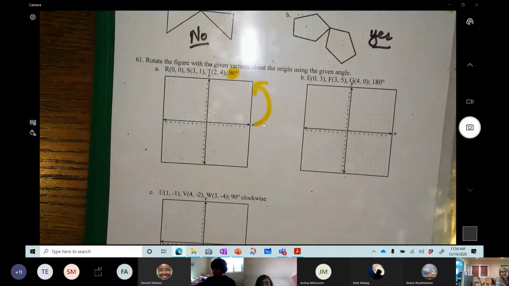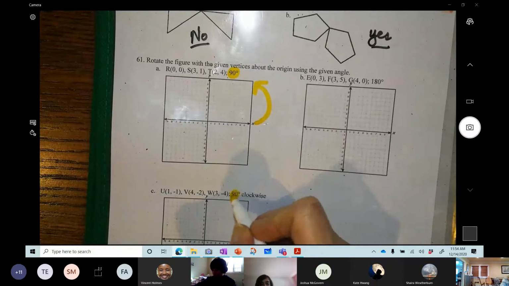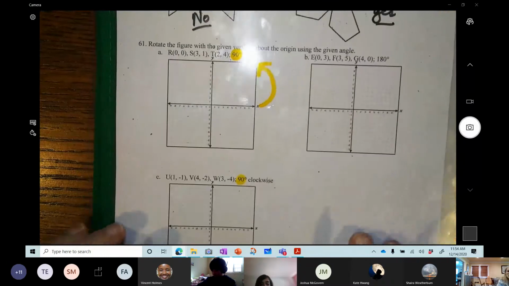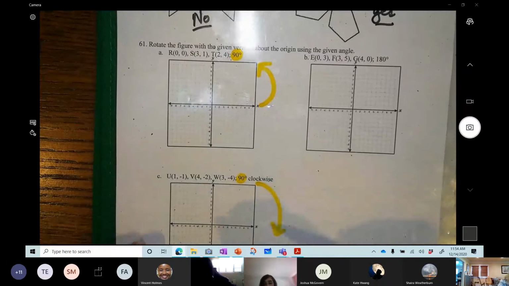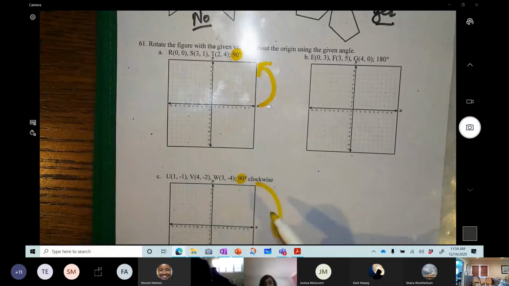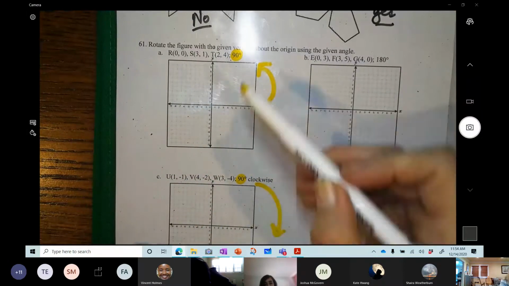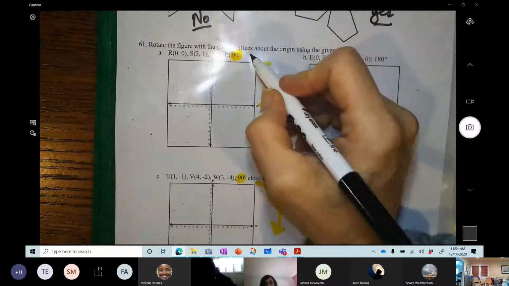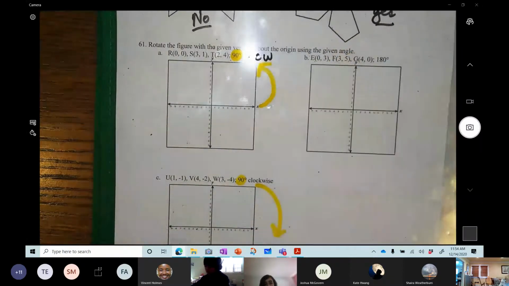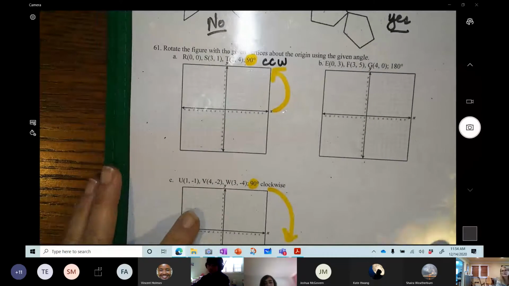But if you'll notice down here, it says 90 degrees clockwise. So from wherever you are, you're going to be going this way. You'll be moving this way in the next quadrant. So if it doesn't say anything, remember it's counterclockwise, and sometimes you'll see the abbreviation CCW. That's what CCW means.